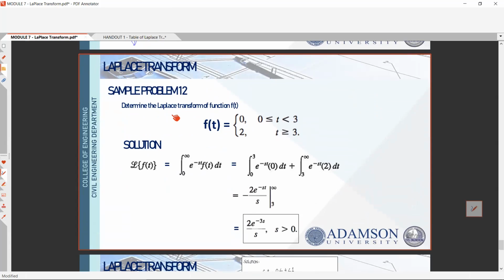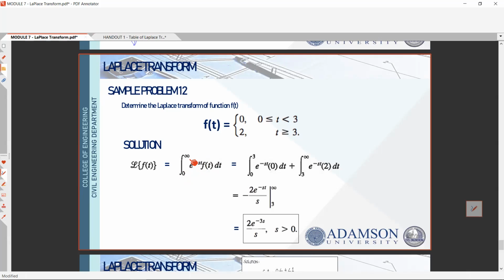Okay? So, ayan, try natin yung example. To determine the Laplace transform of the function f of t is equals to 0 when time is greater than or equal to 0 and less than 3. And f of t is equals to 2 when time is greater than or equal to 3. Okay. So the solution will be ganito. So integral of e raised to negative st f of t dt from 0 to infinity.